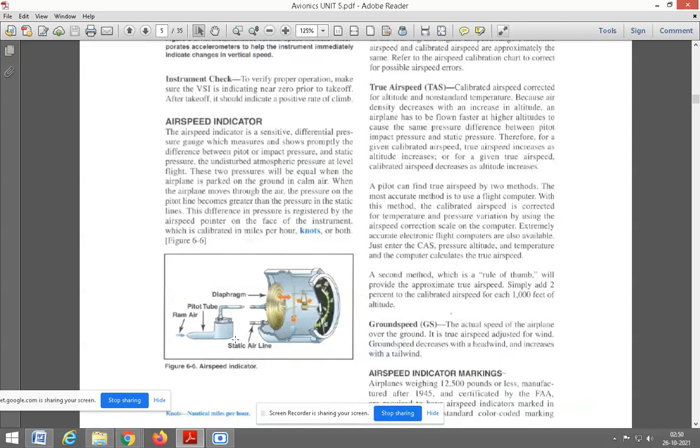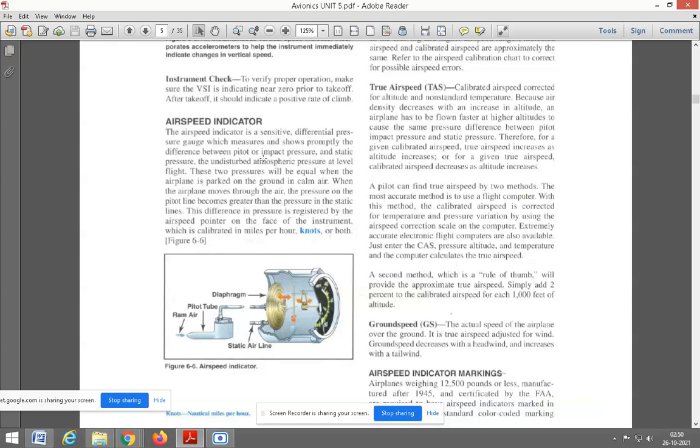The next we go for the airspeed indicator. The airspeed indicator is a sensitive differential pressure gauge, which measures and shows the difference between pitot or impact pressure and static pressure, the undisturbed atmospheric pressure, in level flight.